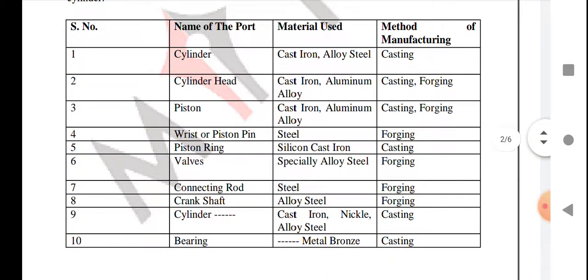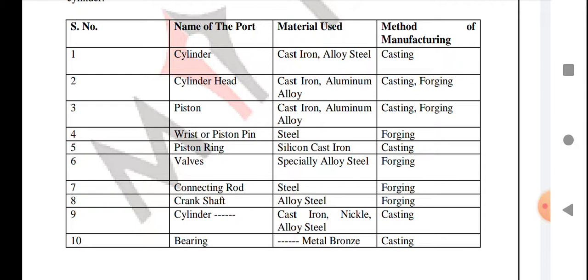The parts of the engine are made of different materials. The cylinder is made from cast iron alloy by casting. The cylinder head is made of cast iron or aluminum alloy. The piston is cast iron and aluminum alloy. The wrist or piston pin is steel. Piston rings are silicon cast iron.